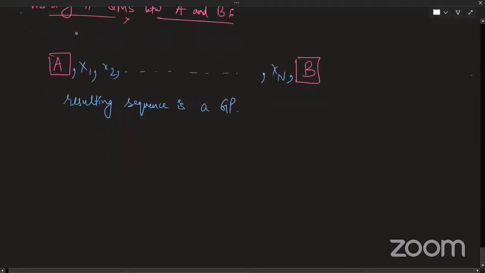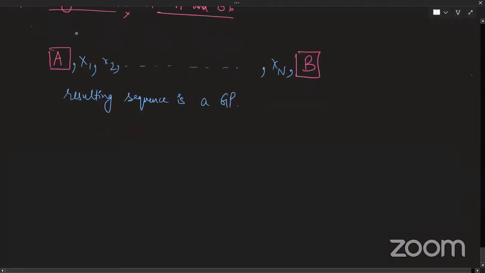Now that the resulting sequence is a GP, can you tell me how to proceed?